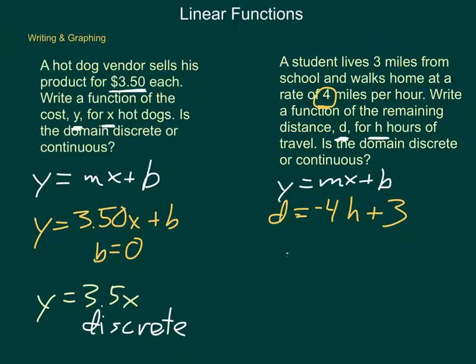So this is a continuous function, or a continuous domain function. It's not just isolated points. We're not 3.5 miles from home, then all of a sudden we're 2 miles from home. We do physically have to travel the spaces in between. So we end up with that continuous, connected path of travel and function.